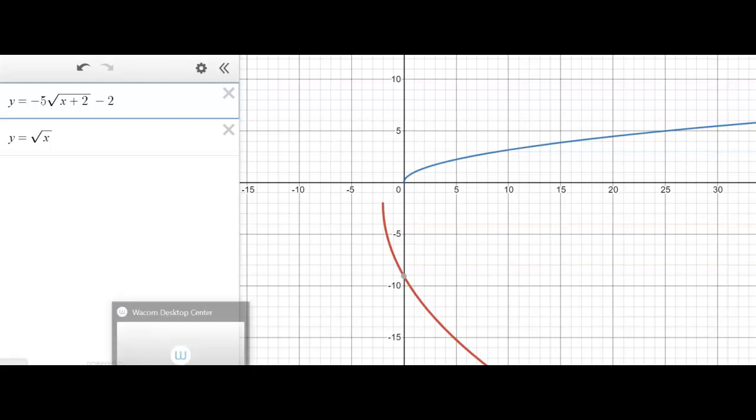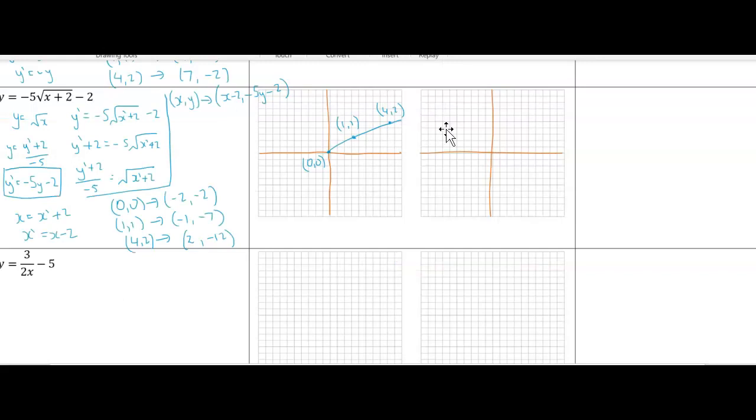All right, where are we? Okay, so let's plot those points. So negative 2, actually I might do the 2, negative 12, just so we don't miss it. So that was 2, negative 12. Negative 1, negative 7. So we're on this side now.